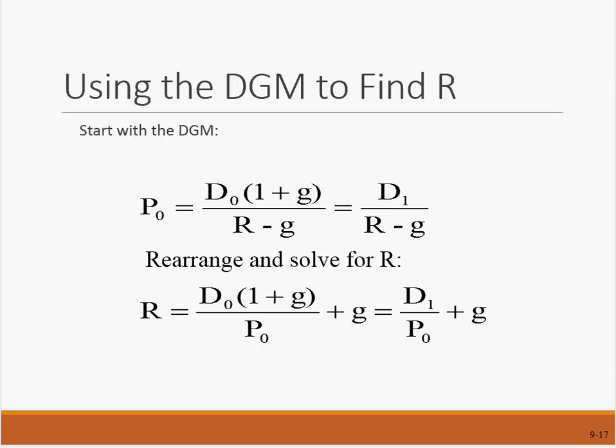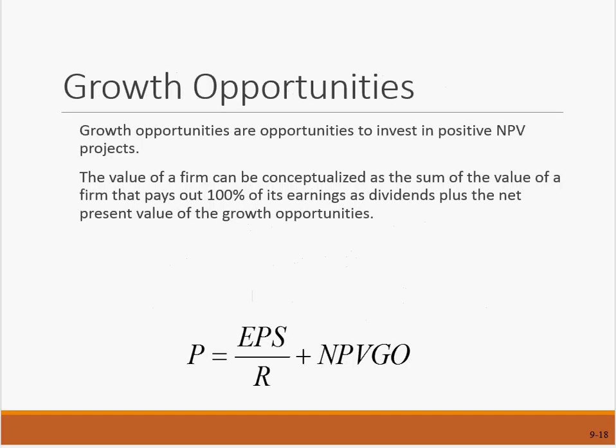Another way to think about this is the price of a stock is equal to the earnings. This is a more accounting-based approach. So we have the earnings of the firm as a perpetual stream, right?